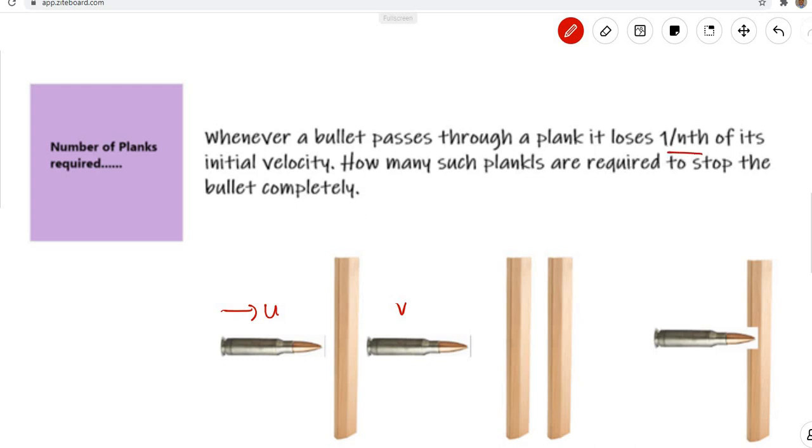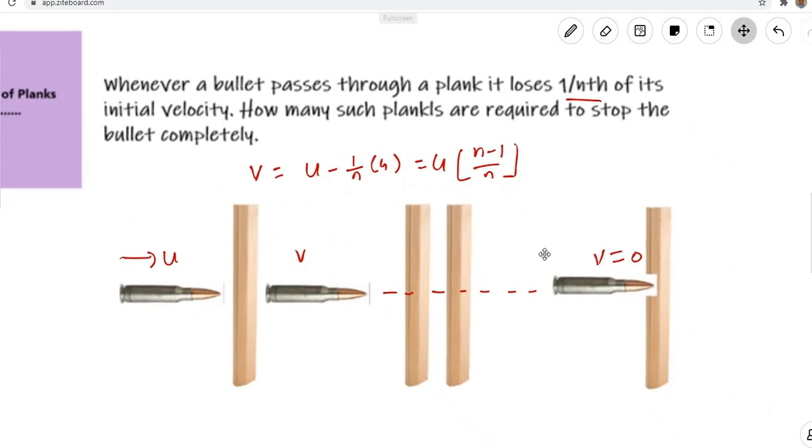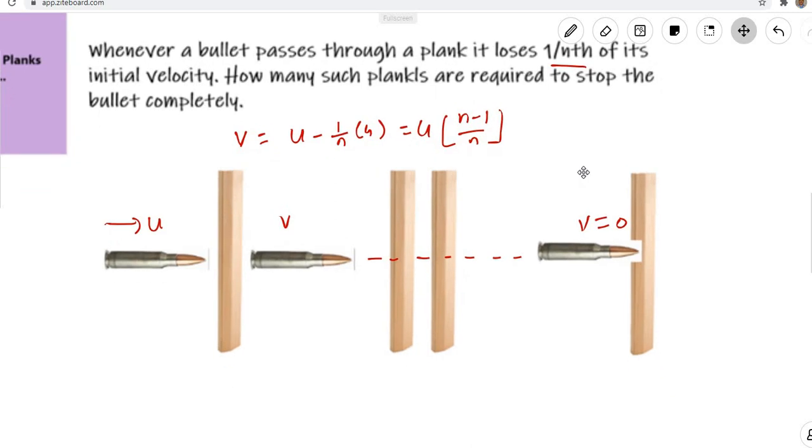That means this v becomes initial velocity minus 1 by nth of initial, so this will be u times (n minus 1) by n. This is the velocity of the bullet after one plank. Now it will pass through a number of planks and finally it will be stopped by the last plank. Then the question is how many such planks are required to stop the bullet.